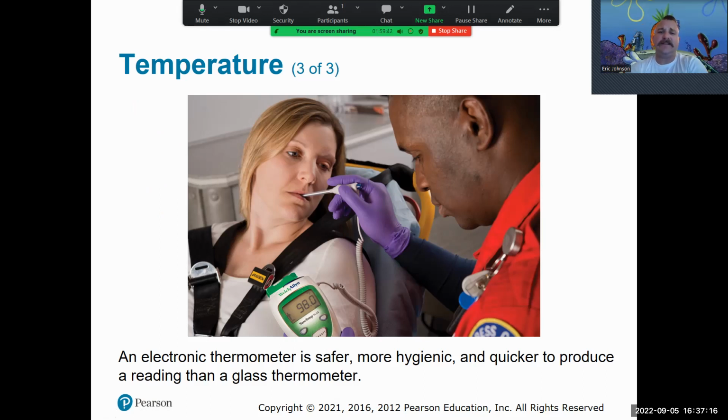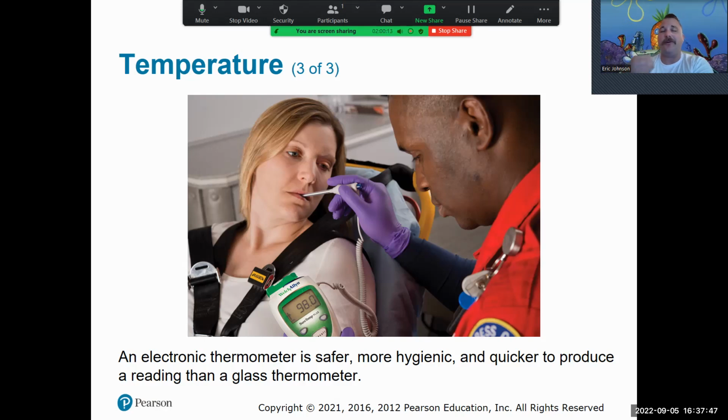These types of devices are much more accurate than measuring temporal across the forehead, but they're still somewhat easy to screw up, to not get a true number on. So I hate to get gross, but we need to talk about it. The most accurate temperature is going to be the rectal temperature. That is what's known as a core temperature. So if we're getting a temperature orally or across the forehead, it is important to note in your paperwork where you got that.